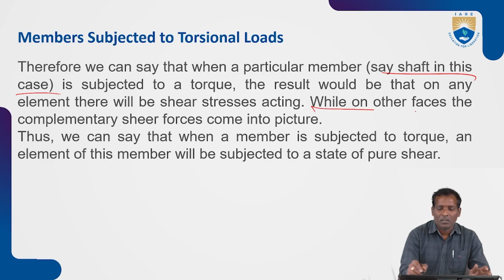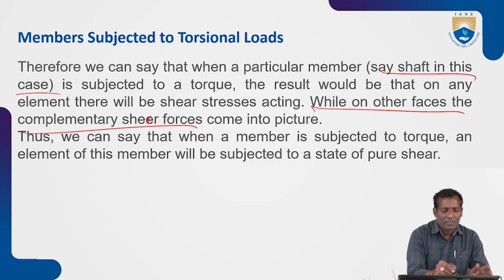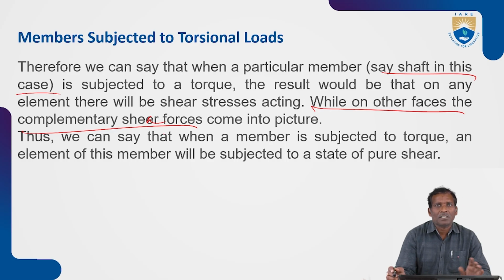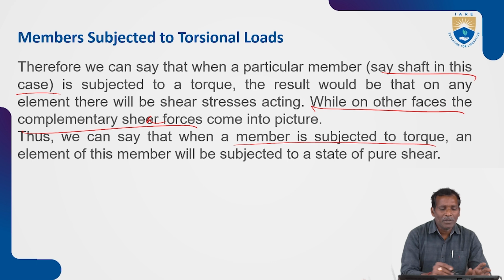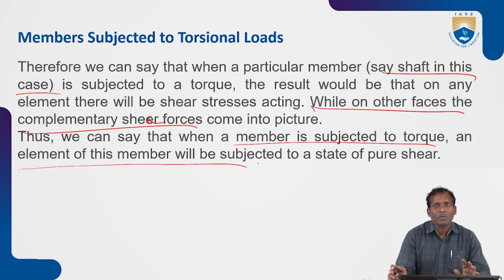While on other faces, the complementary shear forces come into action. So thus, we can say that when a member is subjected to a torque, an element of this member will be subjected to a state of pure shear.